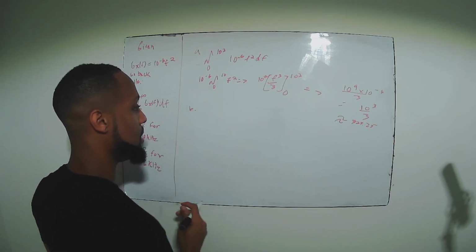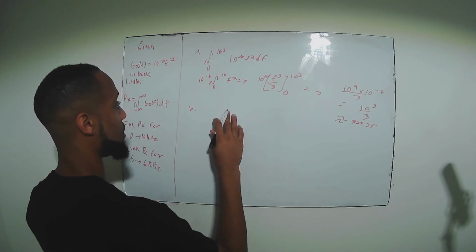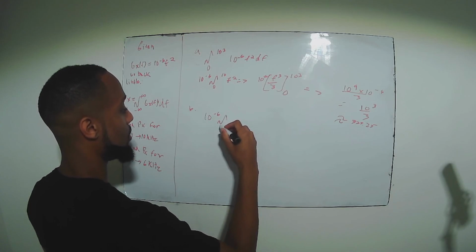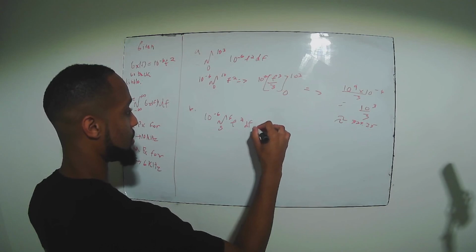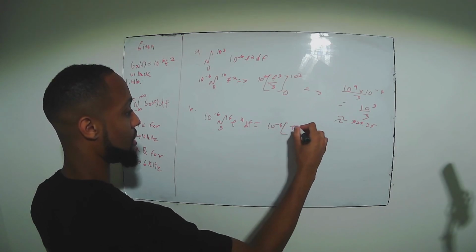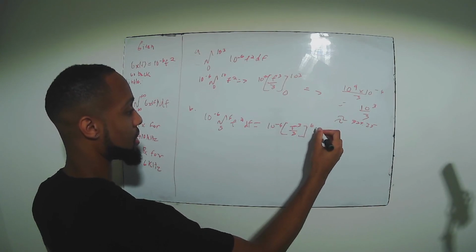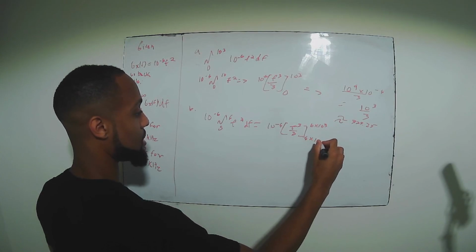And then B, 5 to 6 kilohertz, we're going to do the same thing here. So I'm going to skip down some steps and go straight to 10 to the minus 6 from 5 to 6, f squared df, which is going to be 10 to the minus 6 f cubed over 3 from 5 times 10 to the third to 6 times 10 to the third.